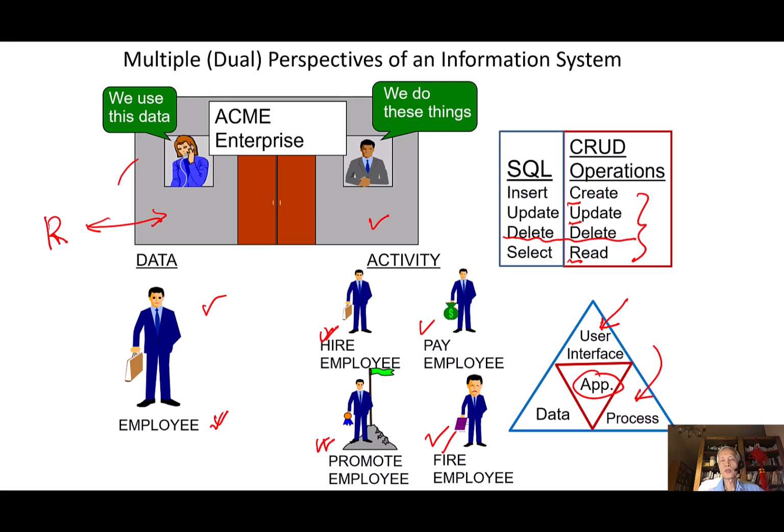But the process rely on the data, and data need to be displayed to the user to present the status of various things they're managing. So UI, data, and process are the three key elements of any application.